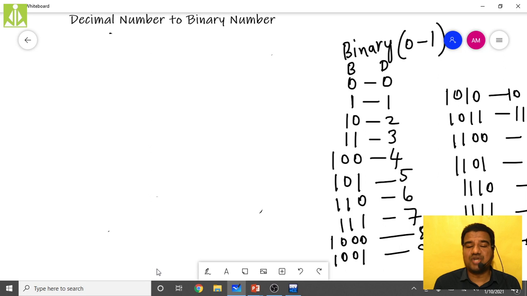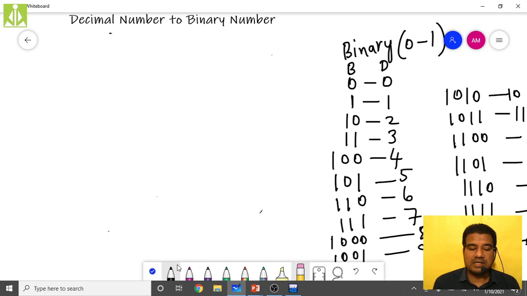There may be many shortcut methods, but this is the approach that I will follow, and I want you also to remember and follow this same approach. If you know anything better than this, you can follow that also, no issues. So 0 is 0, 1 is 1, that we know.